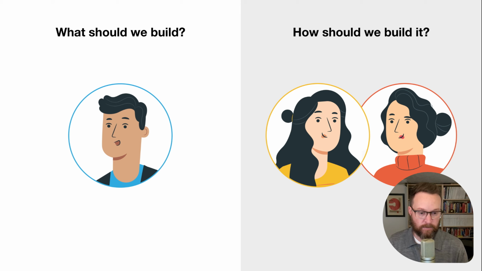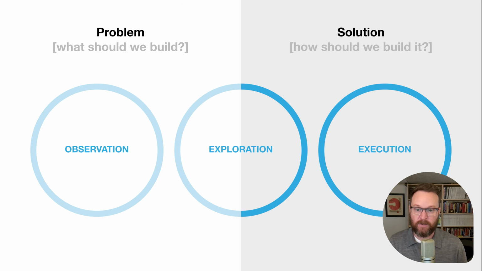That's part of the job, and that's certainly what we do, but it's not all we do, right? If we go back to the design process, the phases actually span both functions. The entire observation phase lies within the problem space of what should we build, and part of the exploration phase as well. It's really only the execution phase that fits solely within the second function.